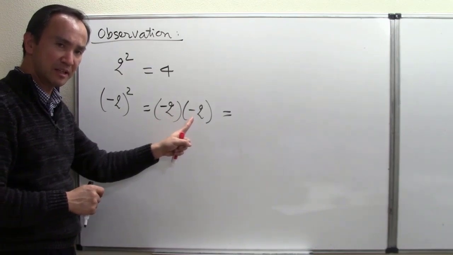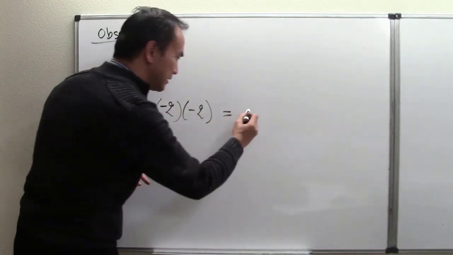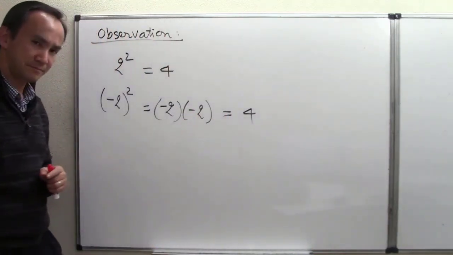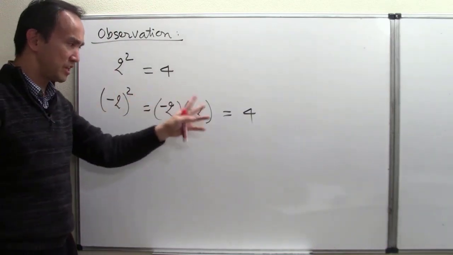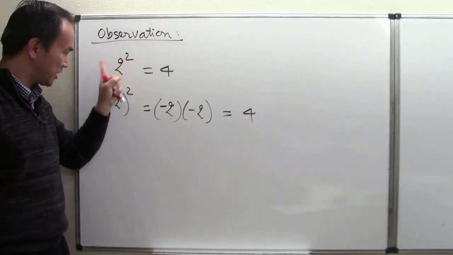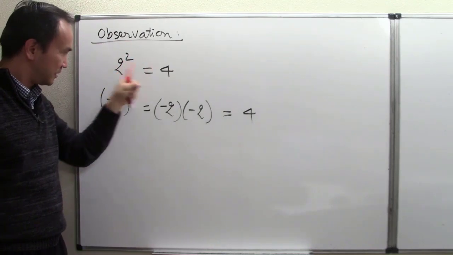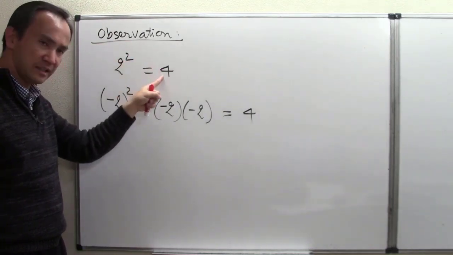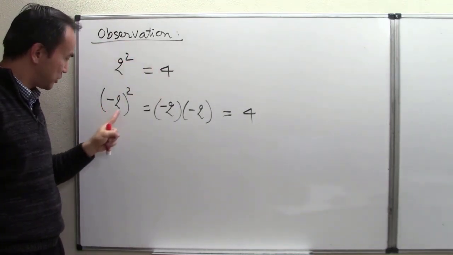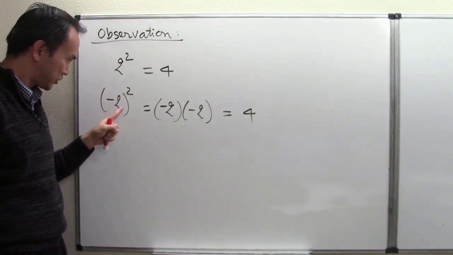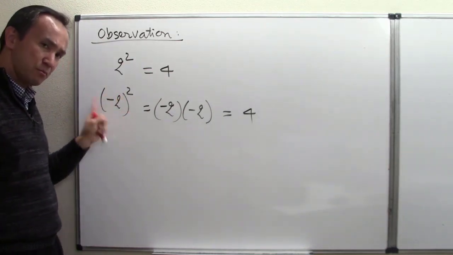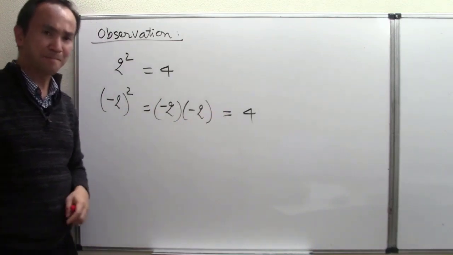Minus 2 times minus 2, a negative number times a negative number, positive 4 again. So here, in a way how I'm seeing it initially, there was a 2 squared, positive number square. Okay, positive 2 squared gave me 4. Minus 2 squared, see, minus 2 squared, that's why I put it in parentheses, equals 4 as well.